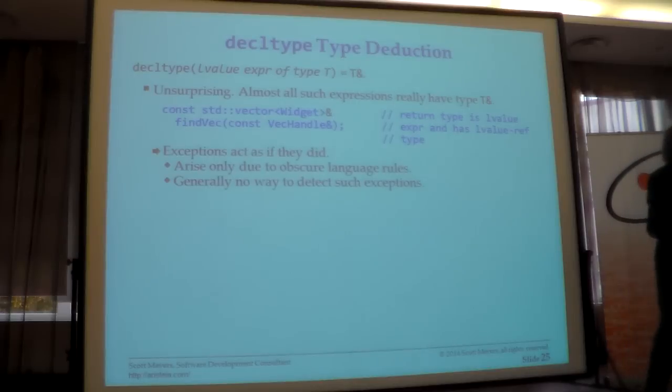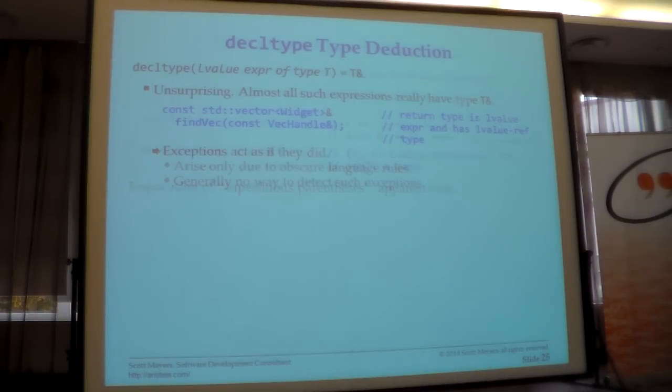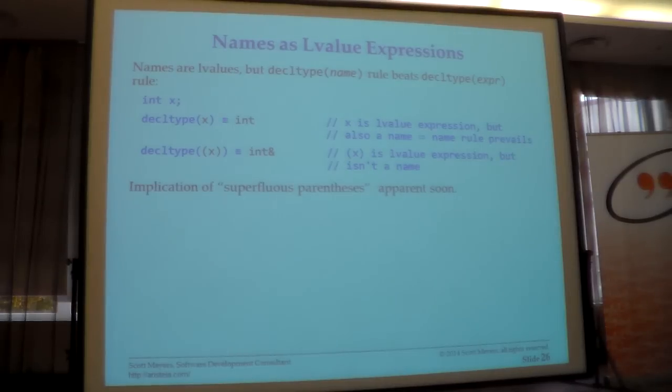But there is an interesting side effect of this rule. Every name is an lvalue. But I told you that if I do decltype of a name, it gives you its declared type. But now I just told you if I do decltype of an lvalue, it always comes back with an lvalue reference. Well, names are lvalues.